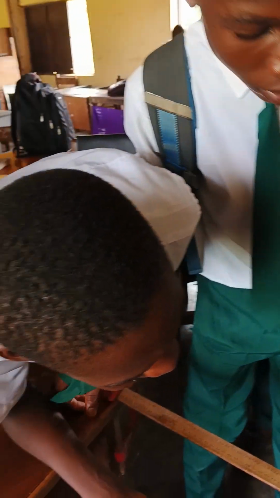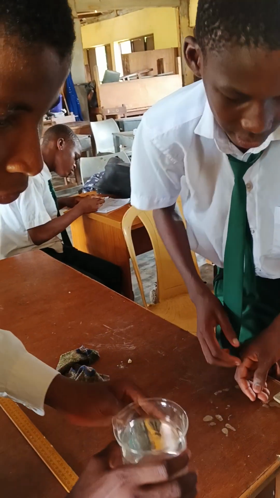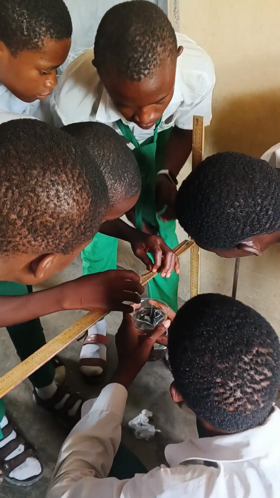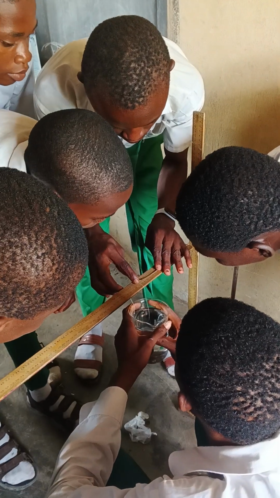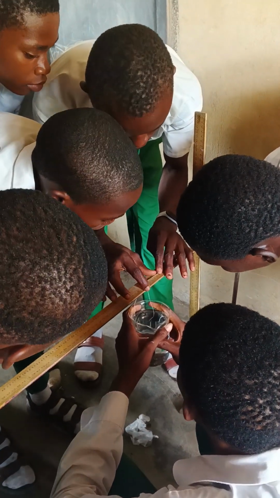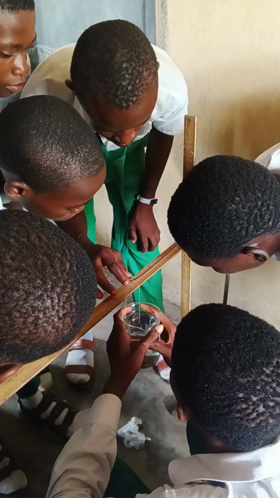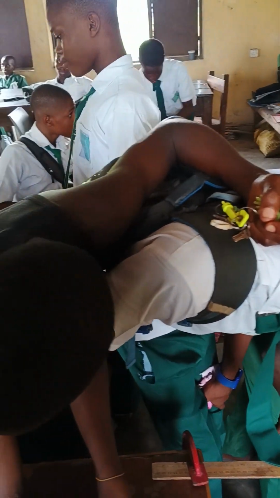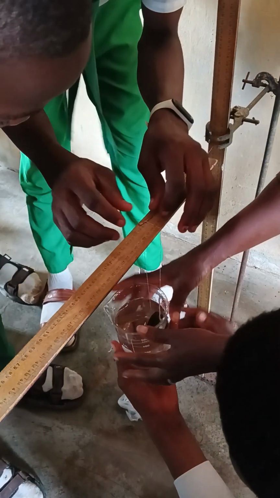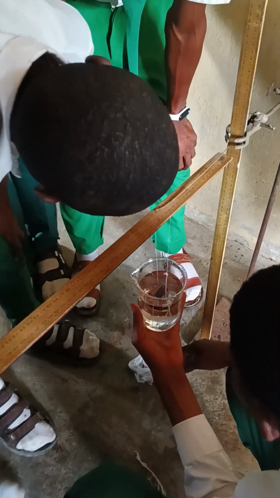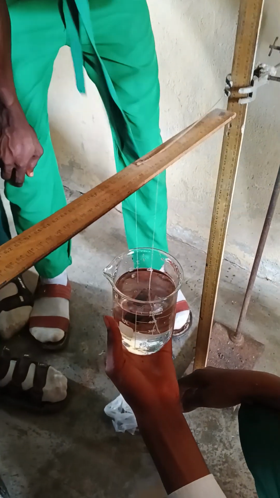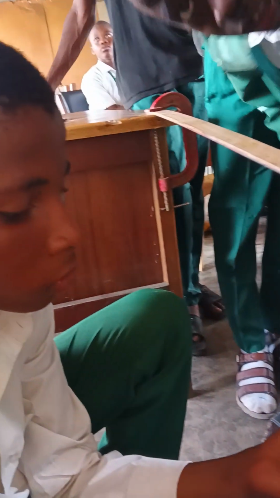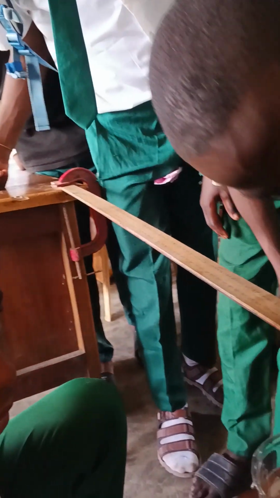Avoid the roll. Don't touch the body, the bottom, every part of that beaker. That's 1.5. This is 31. So 31.